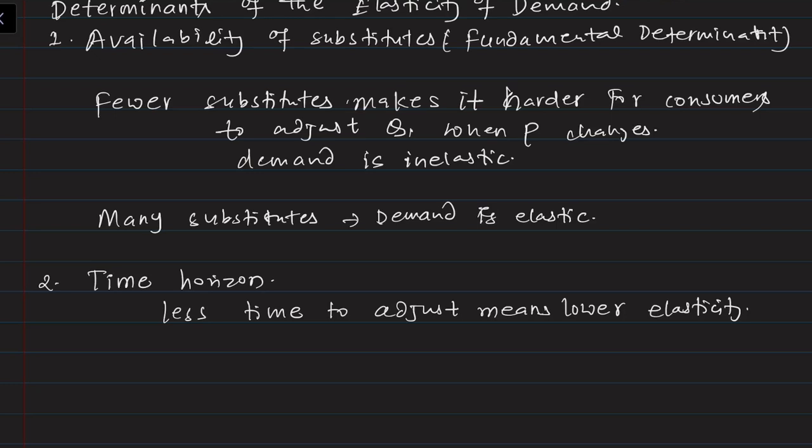You are under time pressure, so you will choose just one class, because there is a risk that if you do not get enrolled in another class and you do not choose the first, your schedule will be ruined for the whole semester. So having less time means the demand is less elastic. Less time means lower elasticity.